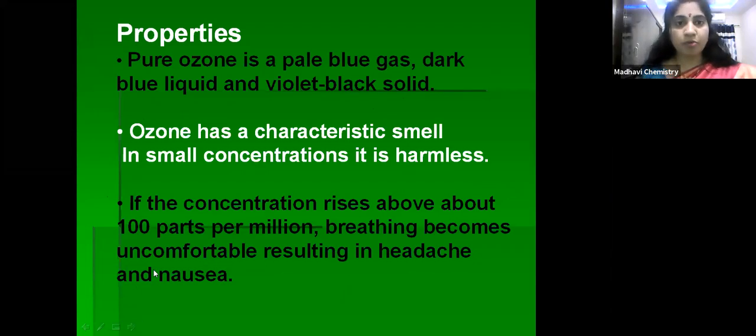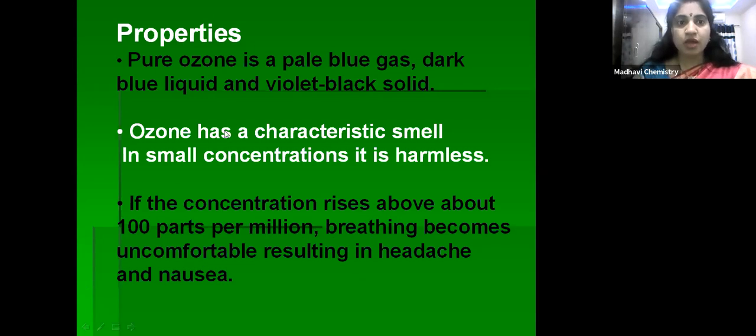Now coming to the properties. Pure ozone is a pale blue gas. When it is liquefied, it converts into a dark blue liquid, and when it is converted into a solid, it is a violet black solid. Right, children? Ozone has a characteristic smell. In small concentration it is harmless, but if the concentration rises above about 100 parts per million, breathing becomes uncomfortable, resulting in headache and nausea.